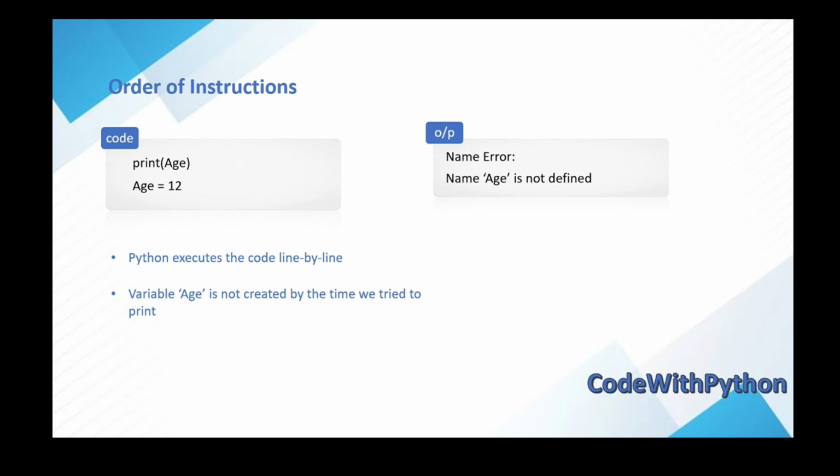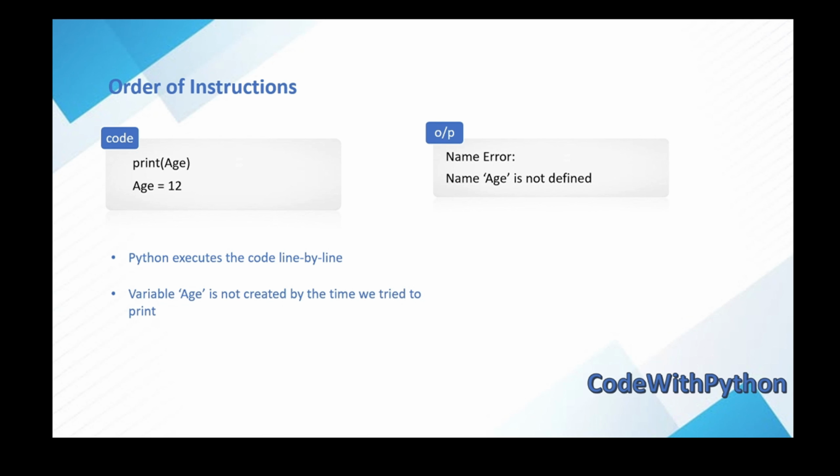Here we are going to see some more examples. In the first, what we have written is print of age. Second, what we have written is age is equal to 12. What will the output be? The output will be an error, a name error: name age is not defined. Why is name age not defined? Because Python executes the code line by line.